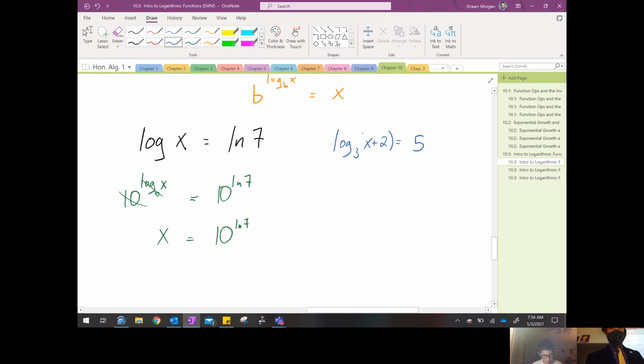By the way, sorry, I left out some parentheses. So this is the log base 3 of quantity x plus 2 equals 5.